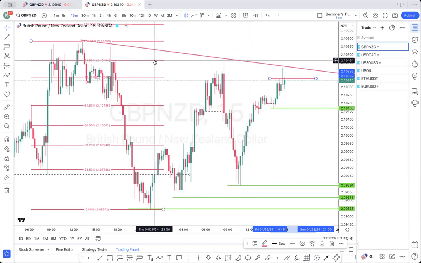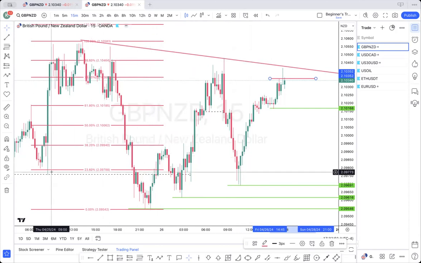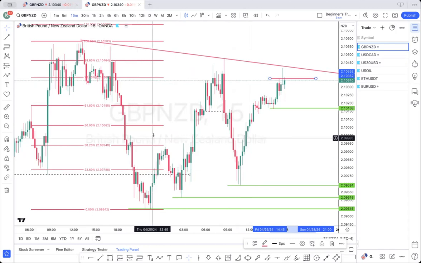If you want to get in there, that's fine too. That's another entry, because you know it broke structure, you know it's pulling up to the 78 or 88. If you wanted to set two limits, you could have set one at the 78, maybe a smaller lot size, right? Until it showed you that it's going to start selling.